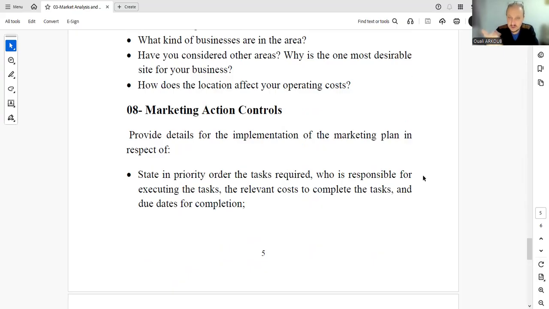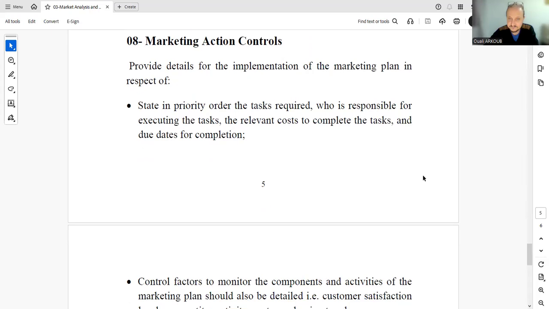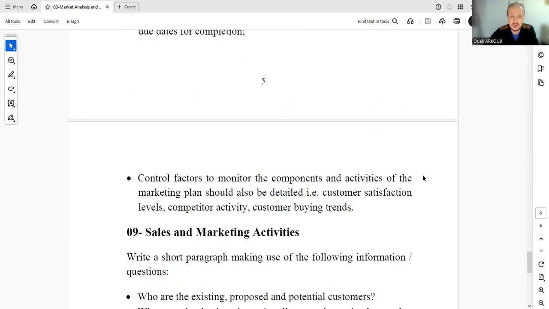Also, second, control factors to monitor the components and activities of the marketing plan should also be detailed. For example, customer satisfaction levels, how to measure customer satisfaction levels, competitor activity, and customer buying trends.